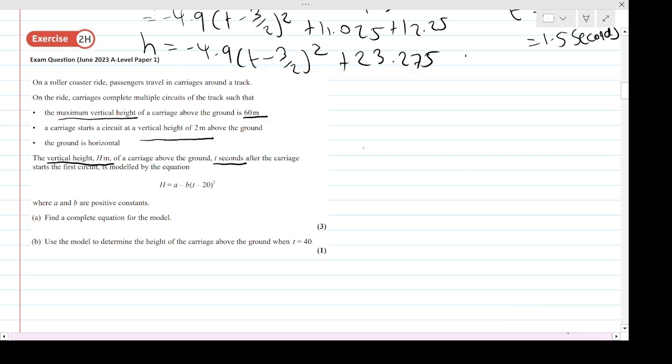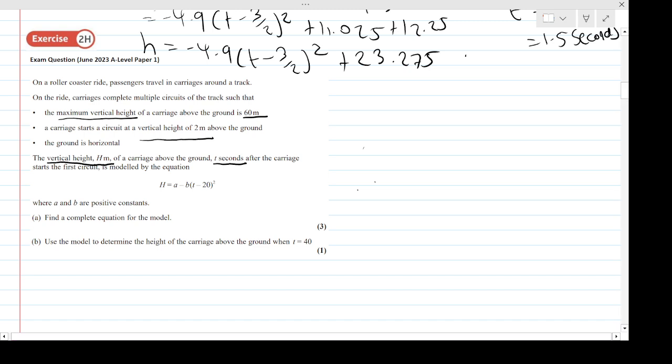And also we've got this equation here. In the last question, they gave us all the numbers, the full equation. Here for part A, it says find a complete equation for the model. That's basically saying find all the missing values for A and B to complete that model exactly for h.